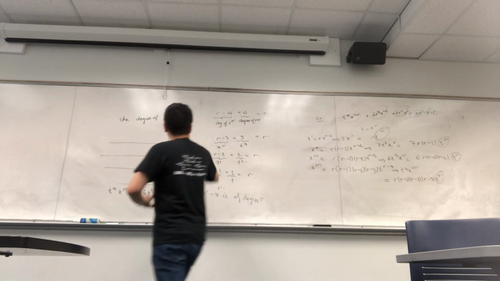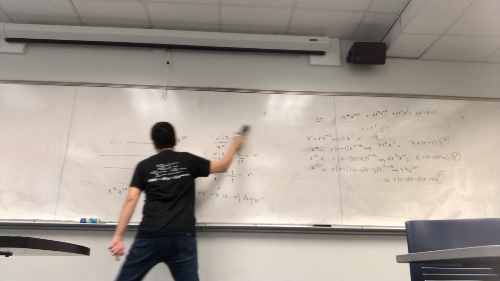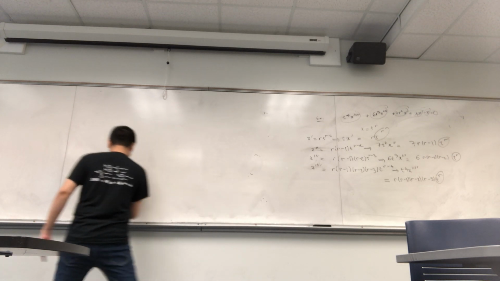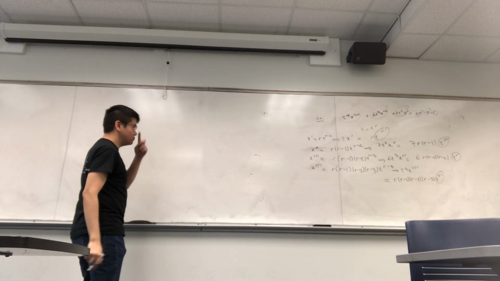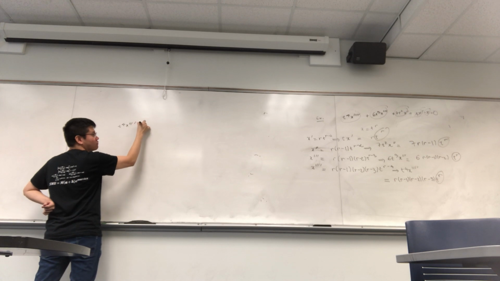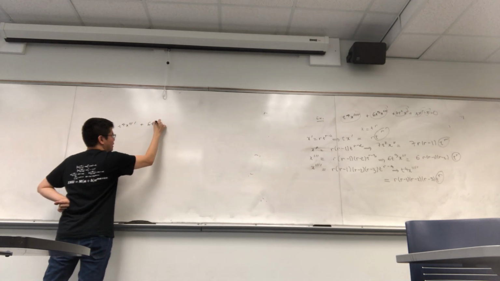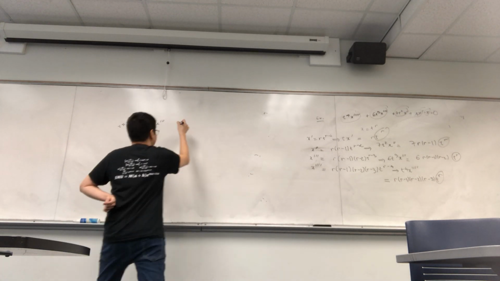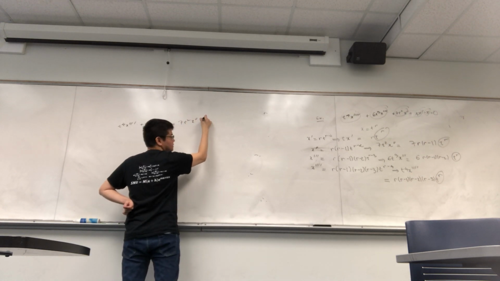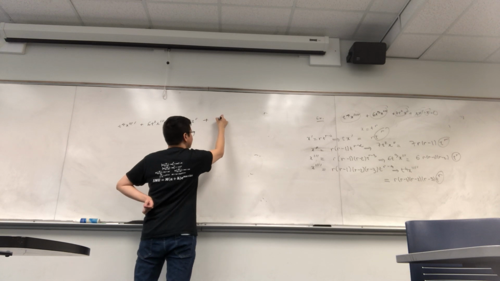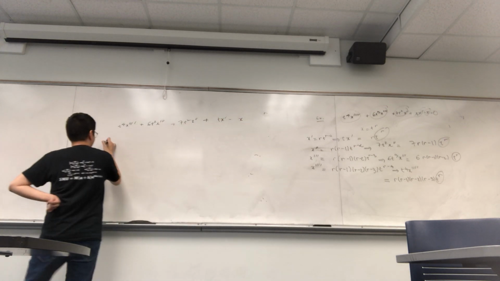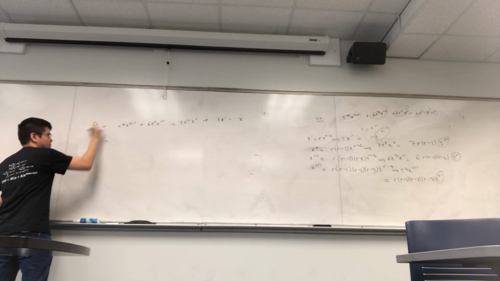Now you have to put everything together. t to the 4 x fourth derivative plus 6 t cubed x third derivative plus 7 t squared x second derivative plus t x prime minus x is going to be 0.